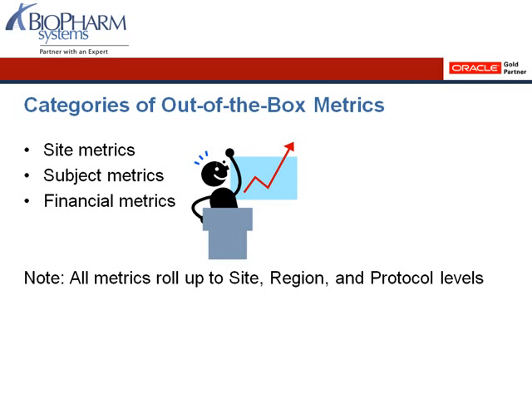There are some site metrics that can be derived based on information entered at the site level. There are some basic subject and enrollment metrics, as these are key for virtually every organization running clinical trials. Then, of course, there are some basic financial metrics that are available or can be derived from the base product. And we'll look at each of these in a bit more detail.